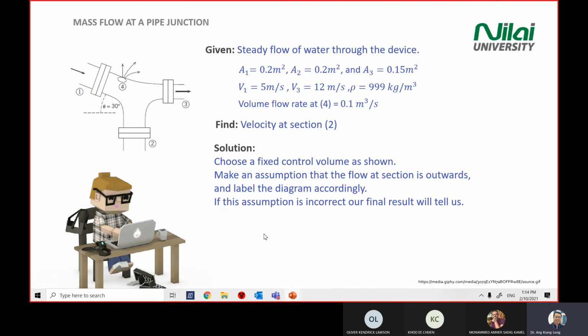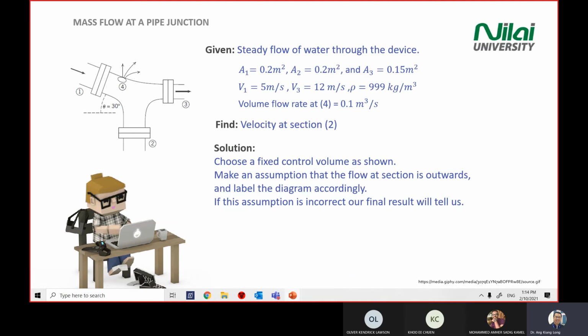Solution: in the continuity equation we have 2 components, one is the control volume and one is the control surface. So we need to draw a control volume from the diagram. The first step is to draw the control volume.